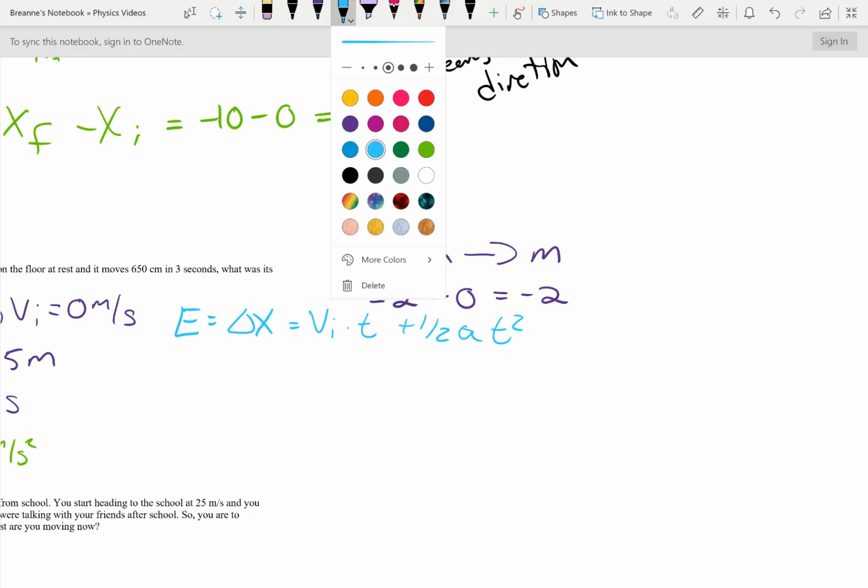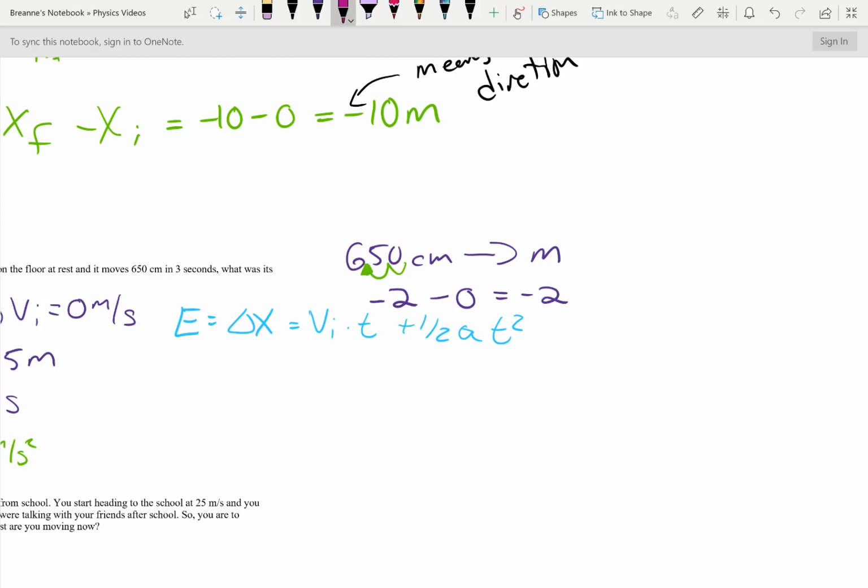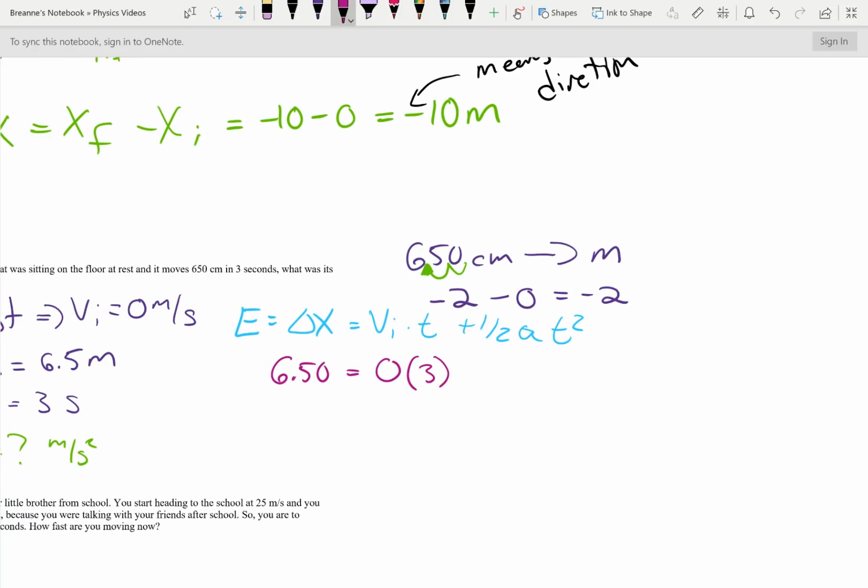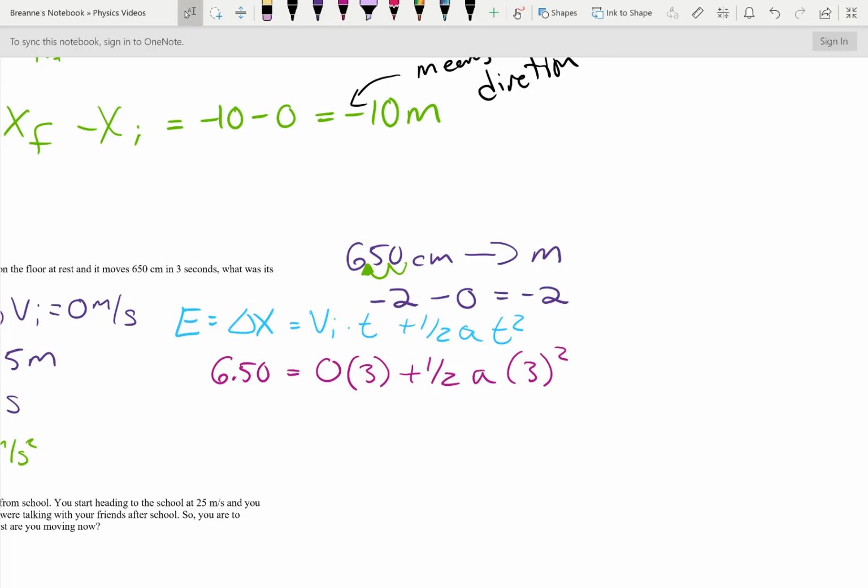Now we're just substituting. Our delta x is 6.5 equals our initial velocity, which is 0, times our time, 3, plus 1/2 times acceleration, which we're looking for, times time squared, 3. Remember our PEMDAS. Parentheses all just have one number. We're good. We have an exponent though.